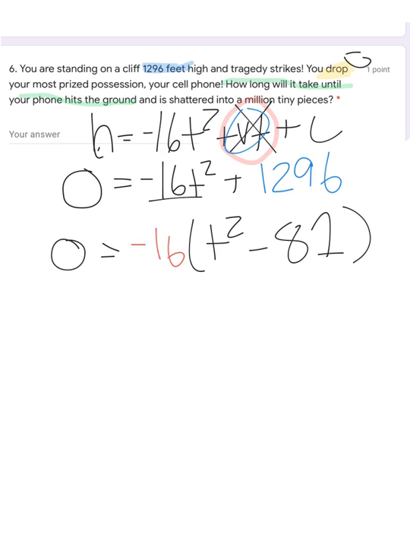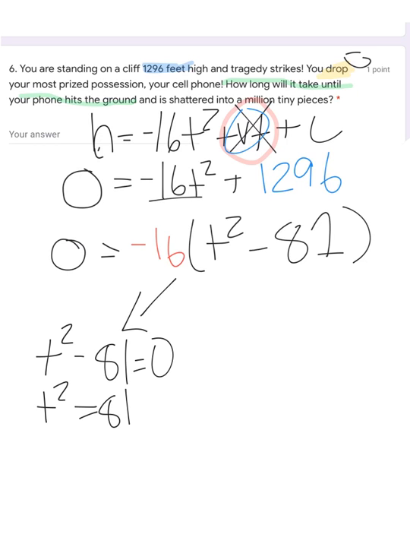Next, it's asking us how long it will take for our phone to hit the ground. There are a couple ways we can approach this. Some people might have taken this expression, t squared minus 81, and set it equal to 0. Then they might have solved, adding 81 to get t squared equals 81.